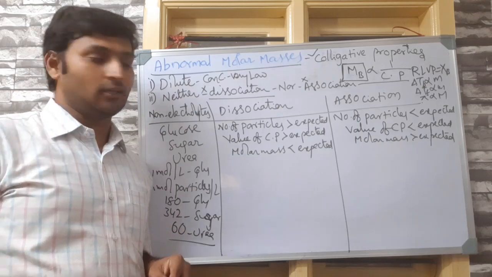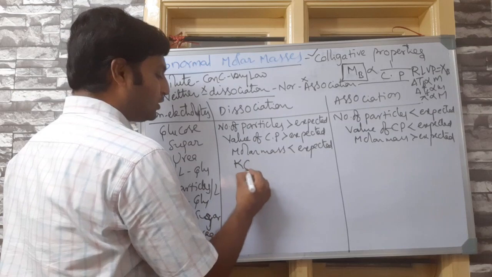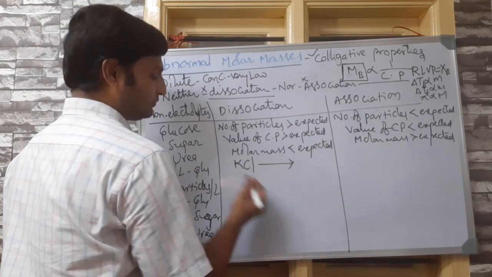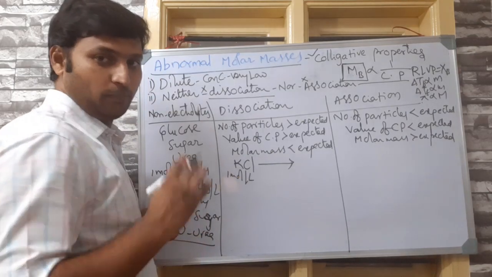Let me illustrate it with one example for each. Say I am dissolving potassium chloride in water. I am adding 1 mole of potassium chloride per liter of water.